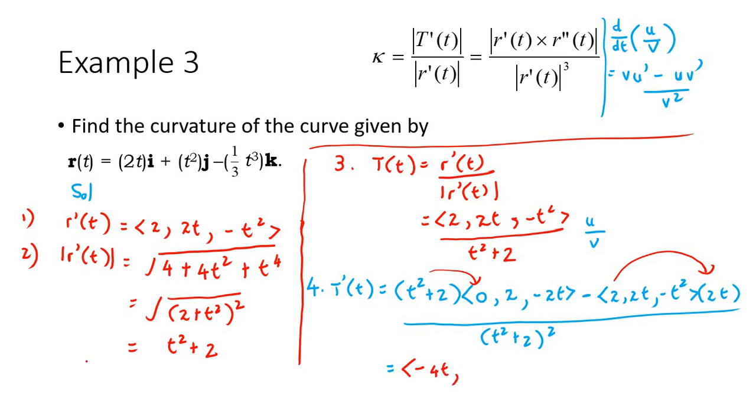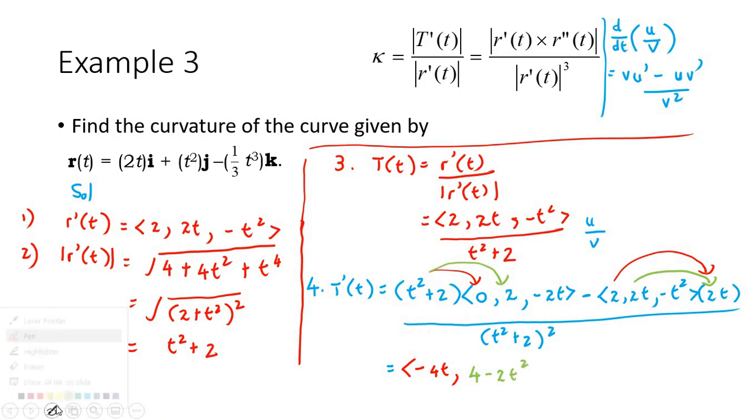Okay, component j: in total we have 2t squared plus 4 minus 4t squared. 2 times 2, I have 4, and then 2t squared minus 4t squared, so 4 minus 2t squared.